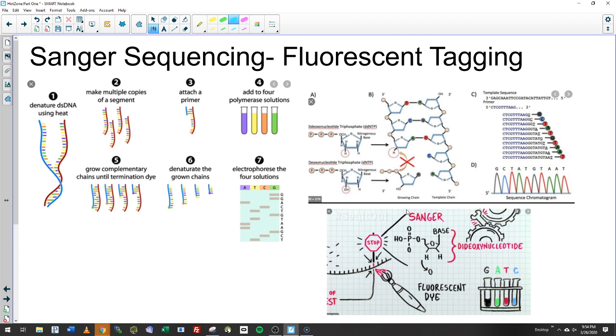Now, not only do they put regular nucleotides in, they put these things called dideoxynucleotides. These are normal because they have an OH group on them, which allows them to do dehydration synthesis and continue the chain.